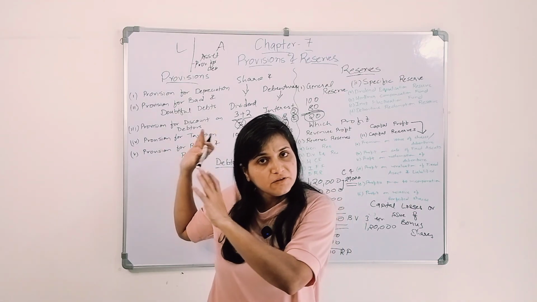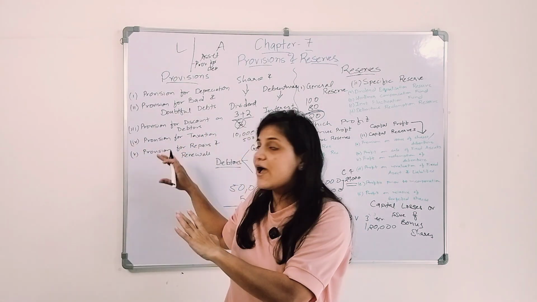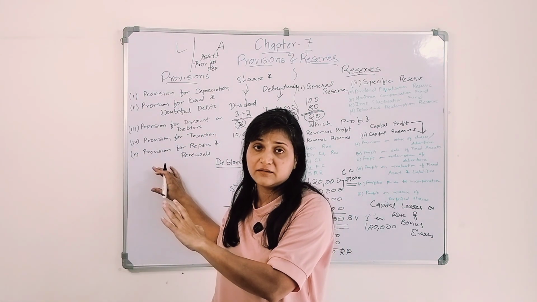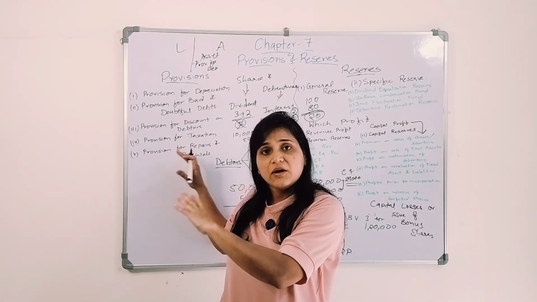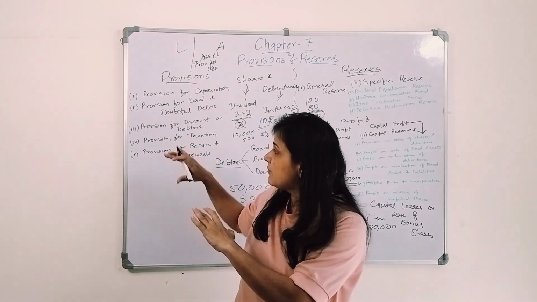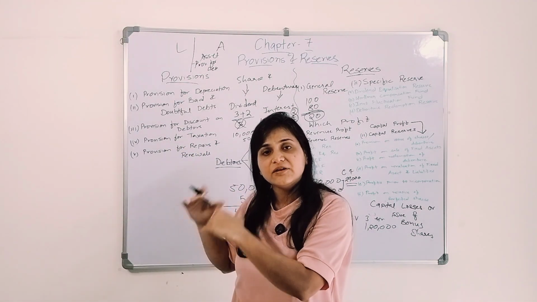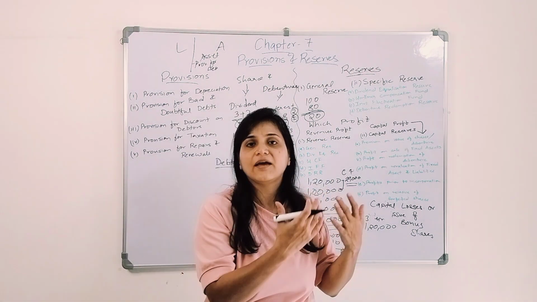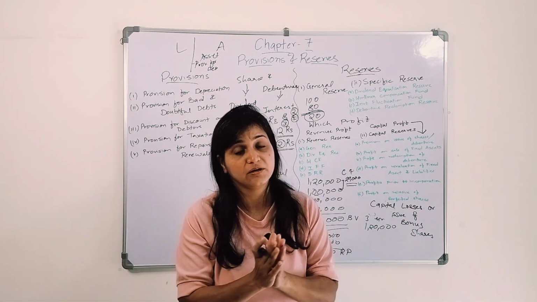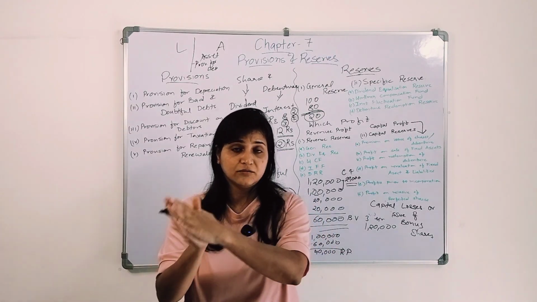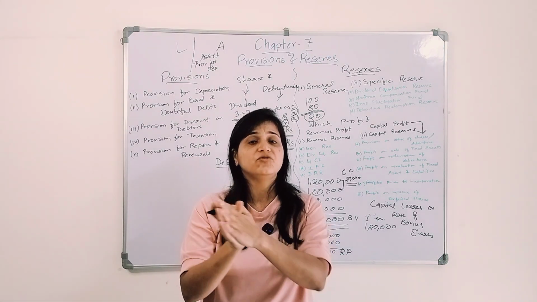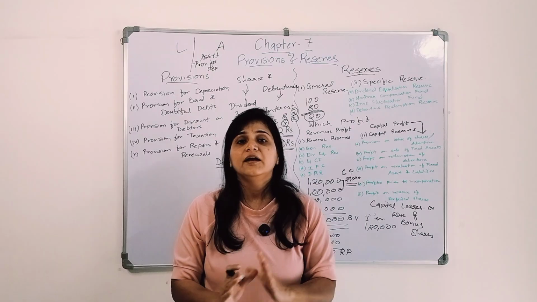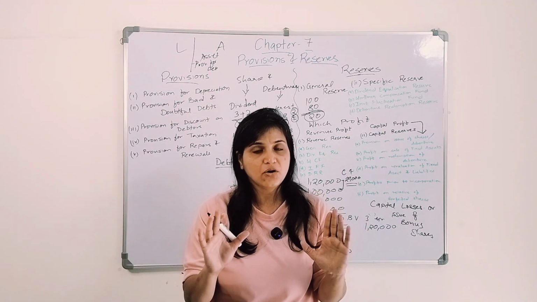So even if you are incurring losses, you have to provide for all these things. But if you are earning an income, after providing, whatever is left you can give as a dividend, whereas in this case, yes, you can give a dividend to your shareholders. So this is the difference between provisions and reserves. I hope you understood all things.